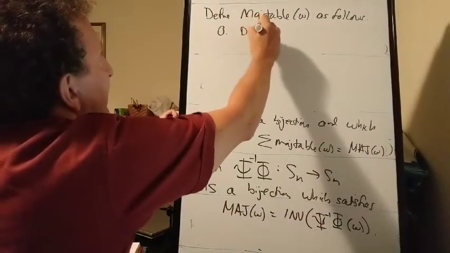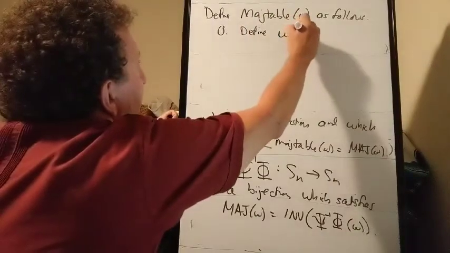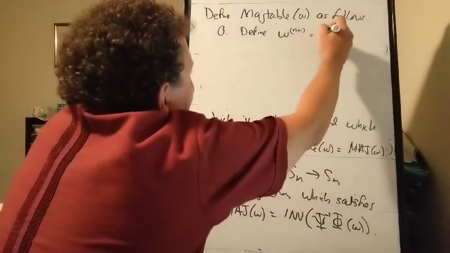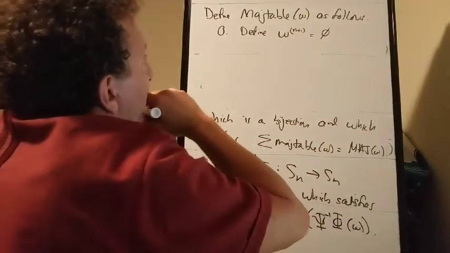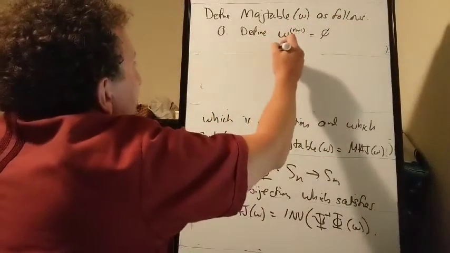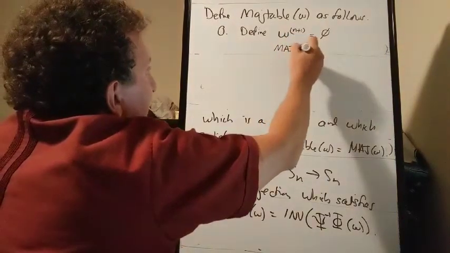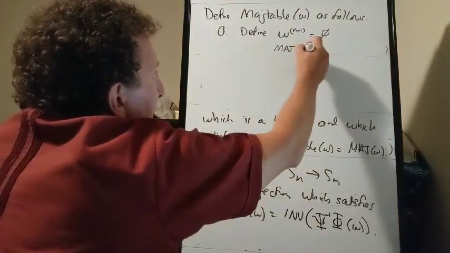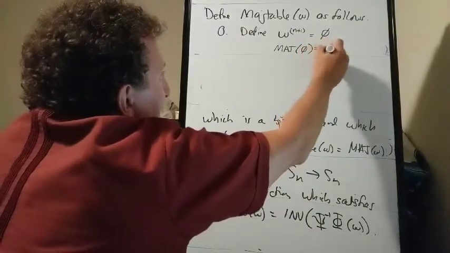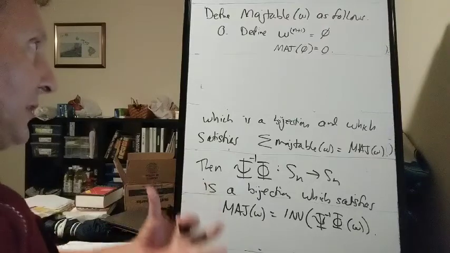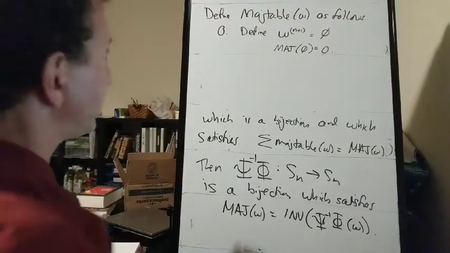So we'll define W superscript n plus 1 to be the empty word, and we'll define the major index of this empty word to be 0, which makes sense because there are no descents in this empty word.